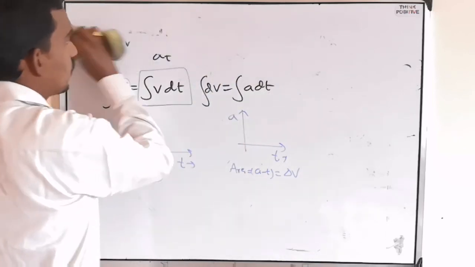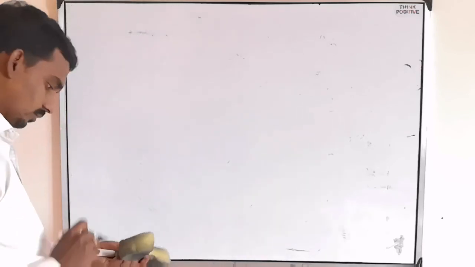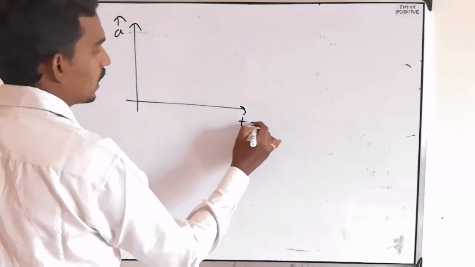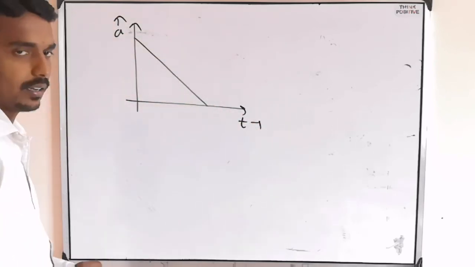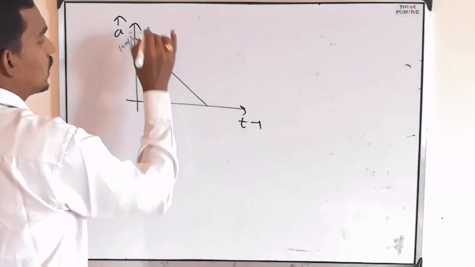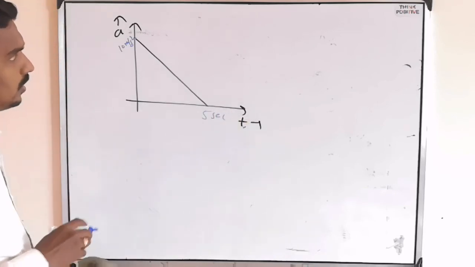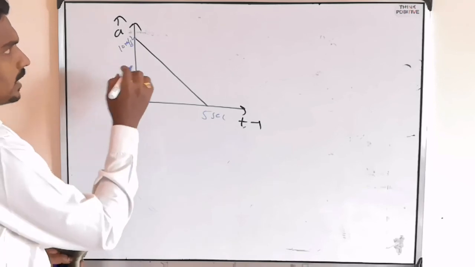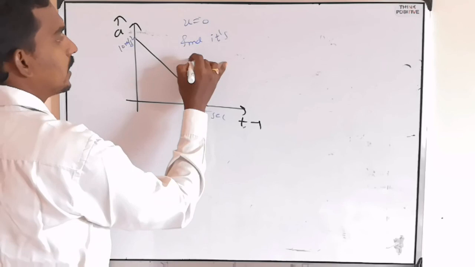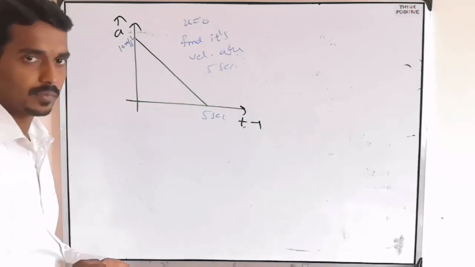Like one question, one example I will give you. An AT graph is given for a particle like this. This is 10 meter per second square. This is 5 seconds. The graph is AT and the particle started from rest. Find its velocity after 5 seconds.